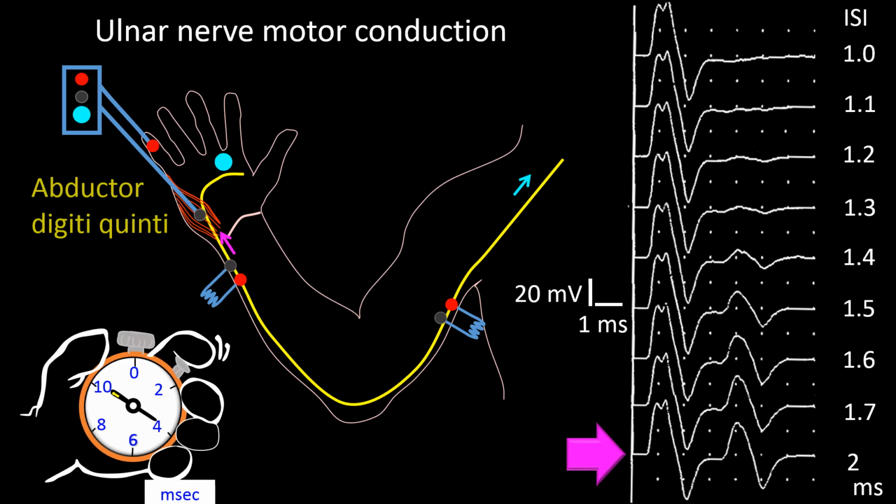You can see by looking at this frame that in the last stimulation, both the first M wave and the second M wave are present, and also that the M wave created by the prior trial is exactly the same as the one that we are seeing with the last trial.